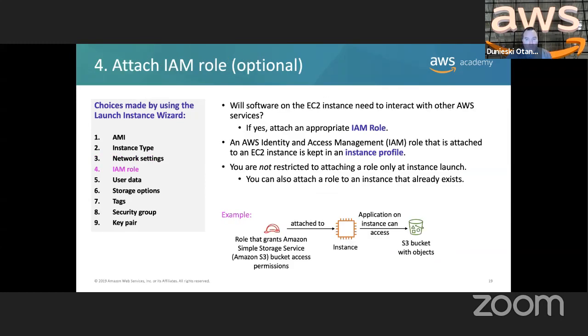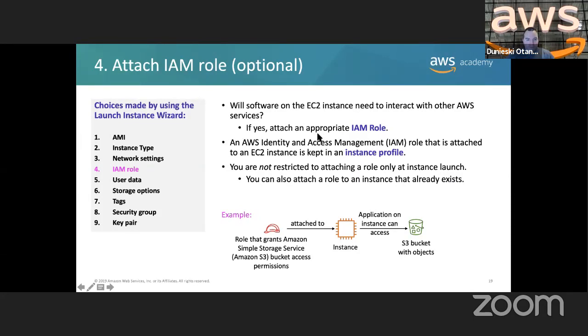The IAM role, we already know that IAM roles are to facilitate interaction between services, right? You attach a role to an instance, and the instance assumes the role, and then the instance, for example, has access to an S3 bucket because it has a role that allows it. That's how it works.